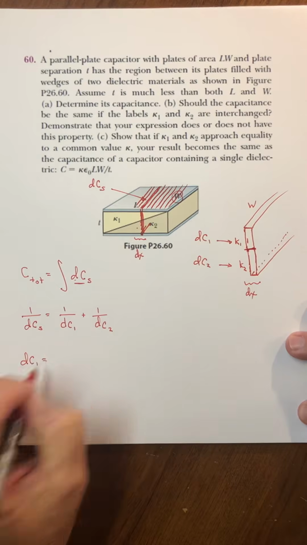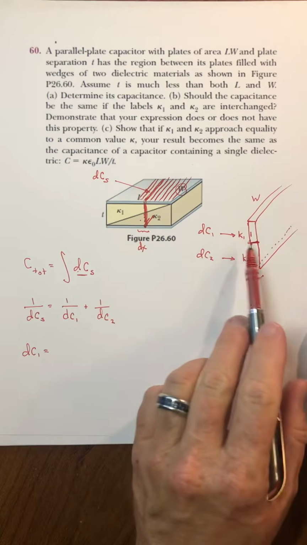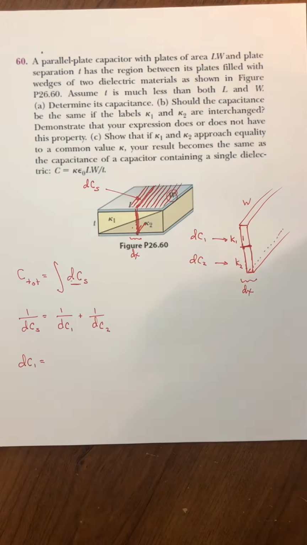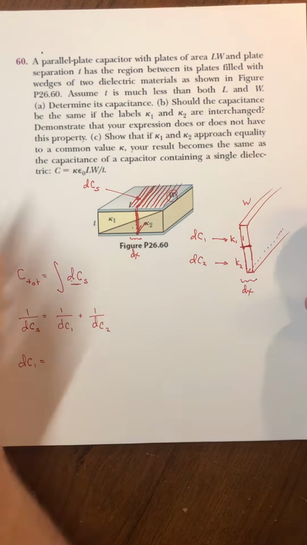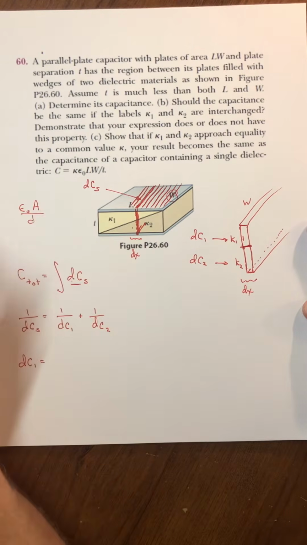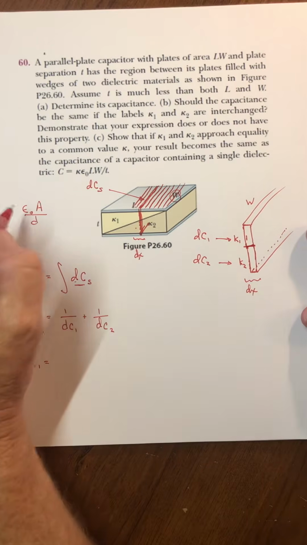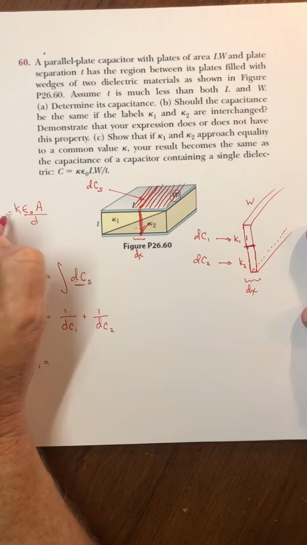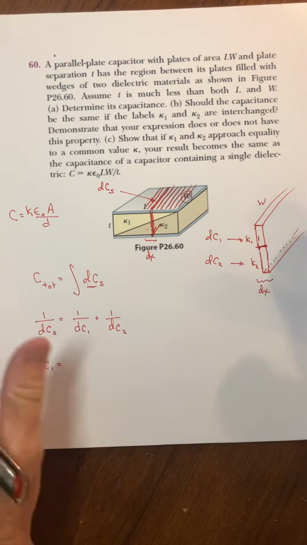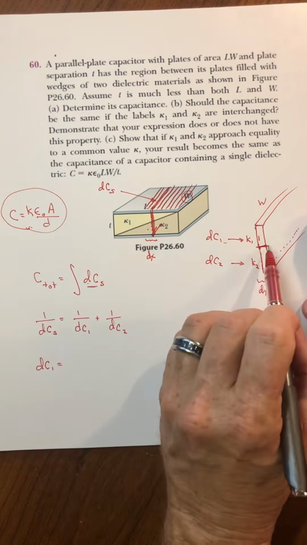I could say, okay, how would I get the capacitance of this microscopic C1? And it's just a regular capacitor. Maybe you remember this formula, epsilon naught times area over D. Of course, that is what we derived for free space. So now we'd have to put a kappa in front of it to say, okay, this is the capacitance of a parallel plate capacitor. So I'm going to use that applied to this microscopic one.